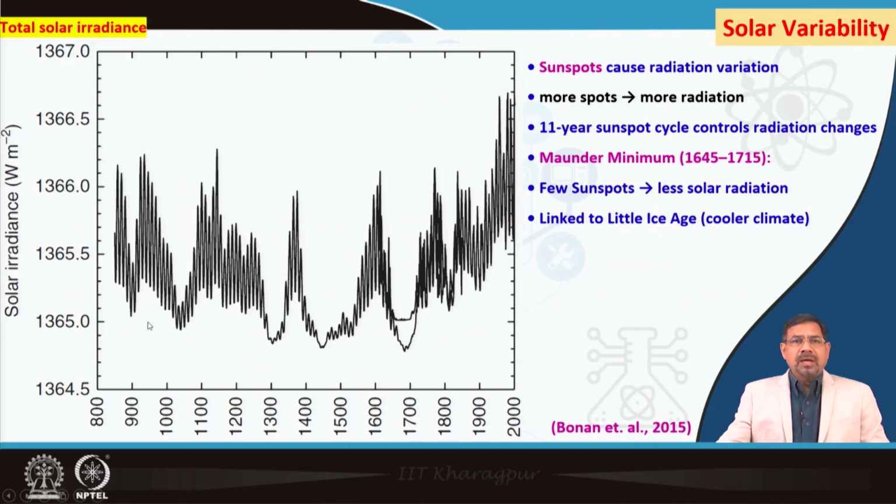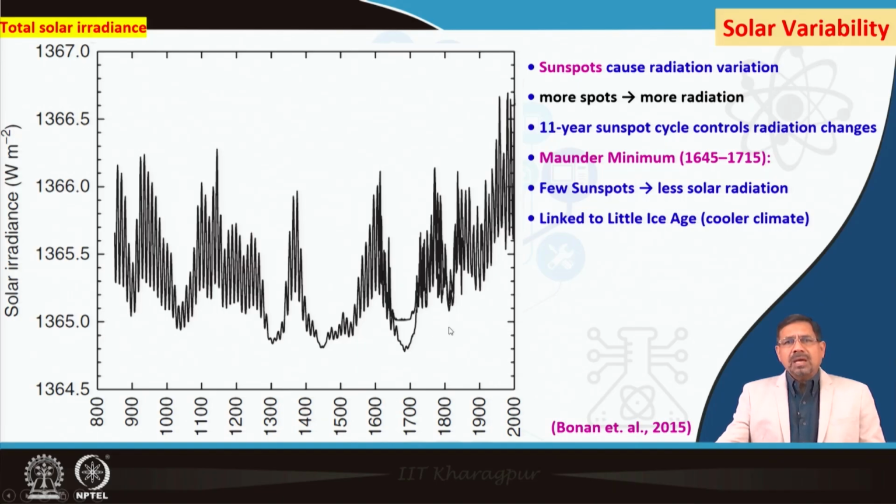The solar irradiance on the y axis is represented between 1364.5 watts per meter square up to 1367 watts per meter square, and we are seeing a variation from as low as 1364 plus, up to about 1366.6 or 7, right, 1366.7 is the maximum.